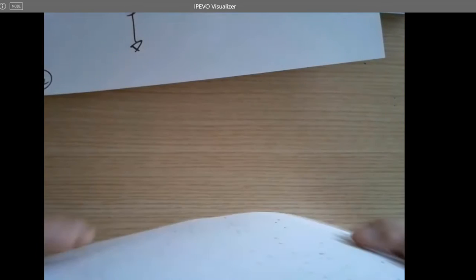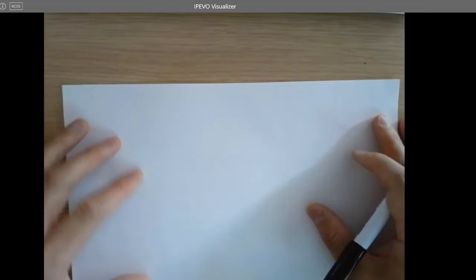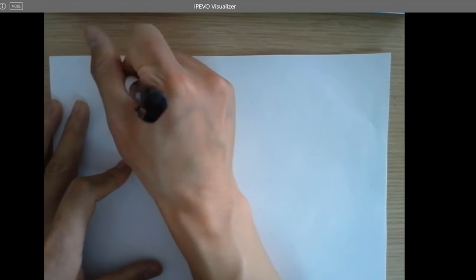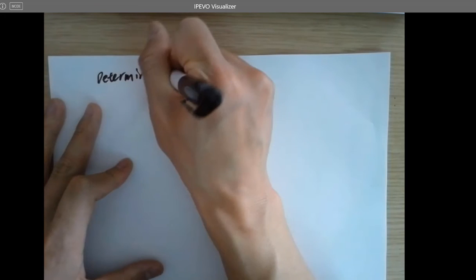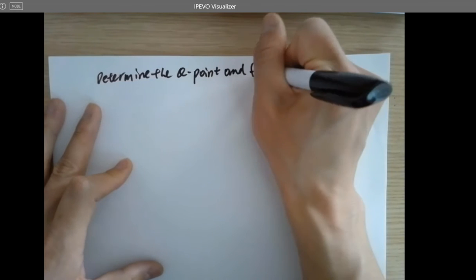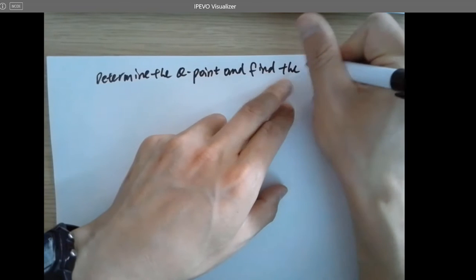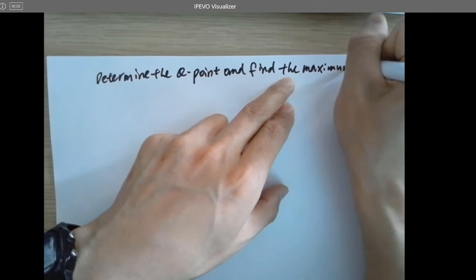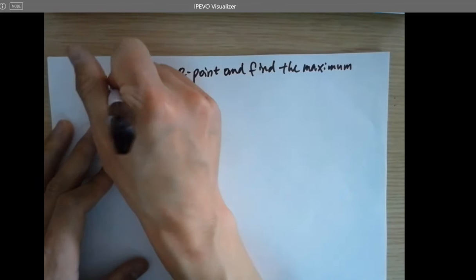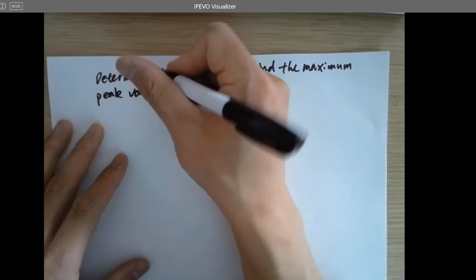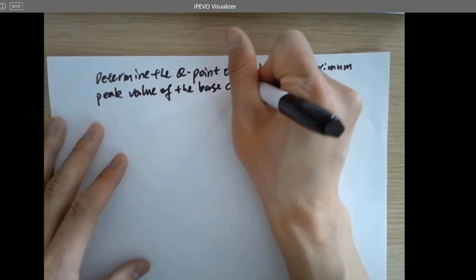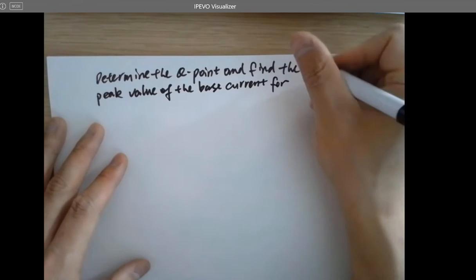So for the example I gave to you on Friday, what's being asked over there is: determine the Q point and find the maximum, I think it's redundant, but maximum peak value of the base current for linear operation.